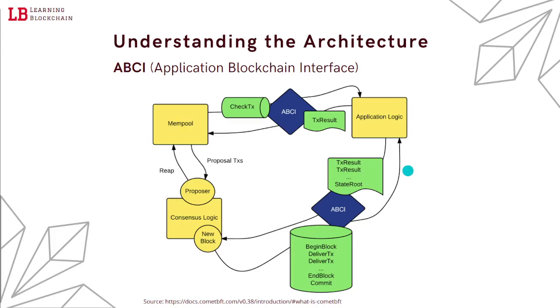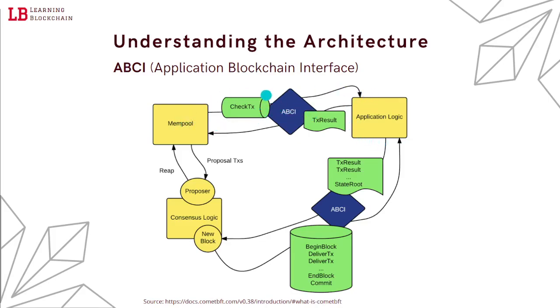And this is how the communication between the application and the consensus logic looks. You can see here on this side we have the Comet BFT with the consensus and networking, and here we have the application logic, and these two communicate.